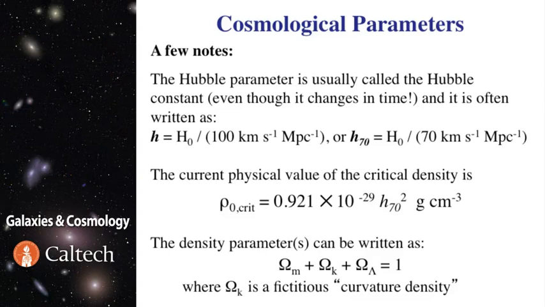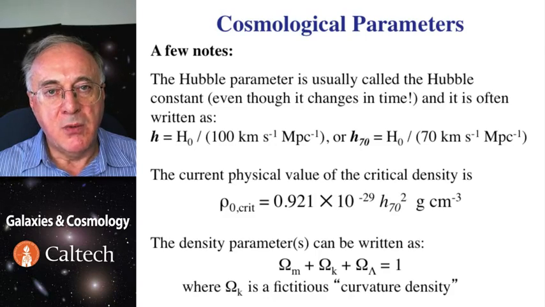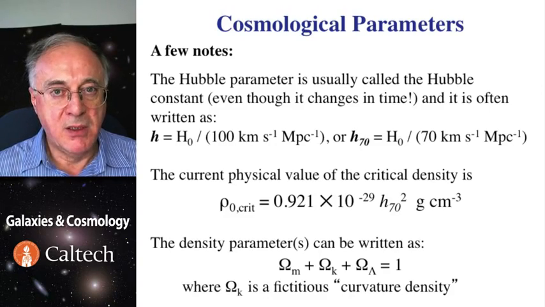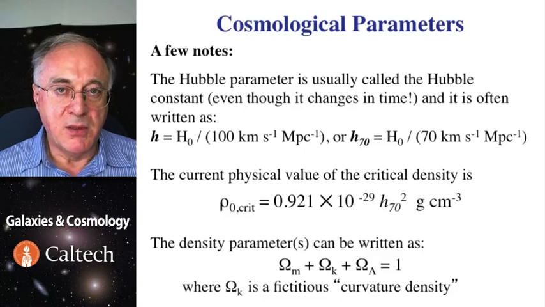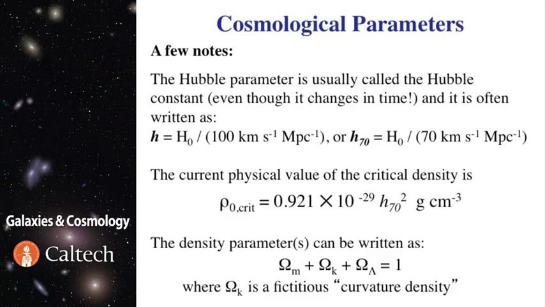Then you can scale for other values of the Hubble constant as you wish. Sometimes it's divided by 70, which is actually very close to its present value, and that's denoted as little h with the subscript 70. And that is Hubble constant in units of 70 kilometers per second per megaparsec.